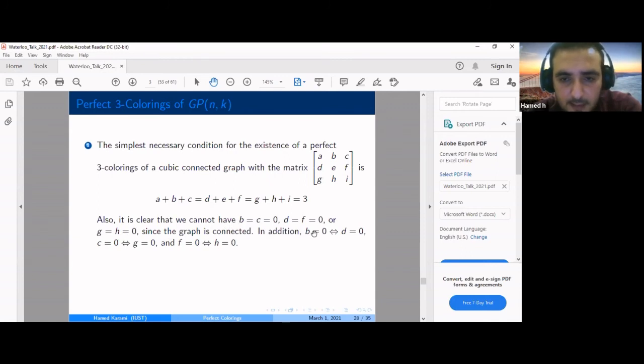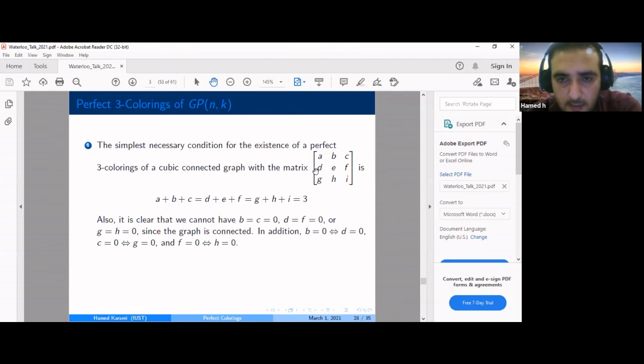In addition, B is equal to 0 if and only if D is equal to 0, because if B is equal to 0, it means that there are no paths between white vertices and black vertices. So there are no paths between black vertices and white vertices.